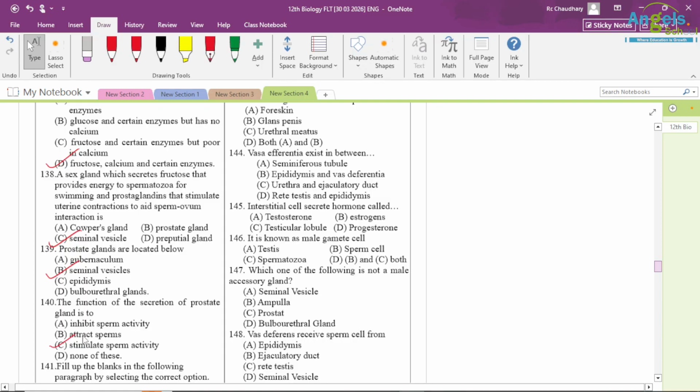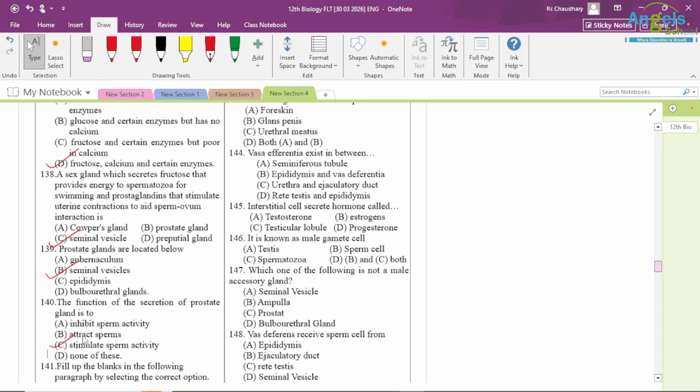Question number 141. Fill in the blanks. Dash is a primary female sex organ, so it is the ovary. It produces ovum and hormones. Each primary sex organ is about 2 to 4 centimeters in length and is joined by ligaments.